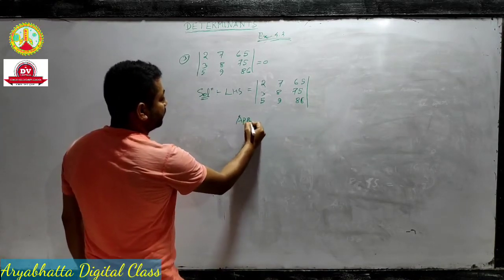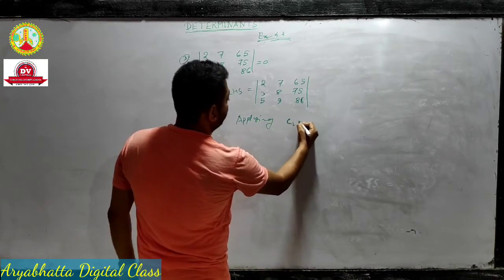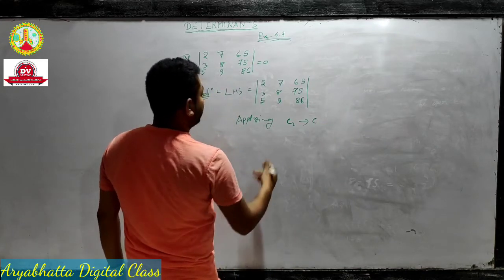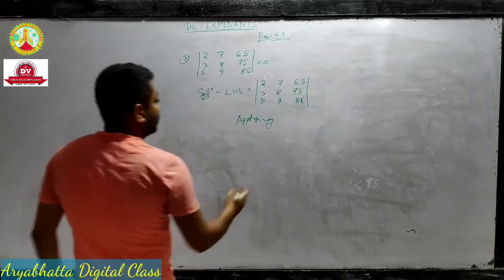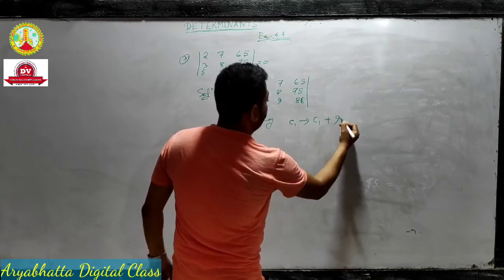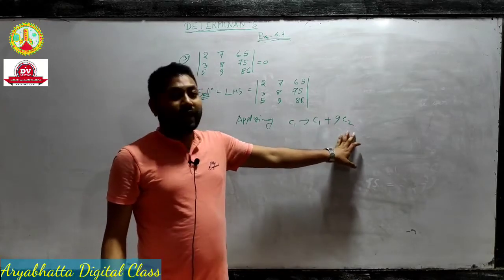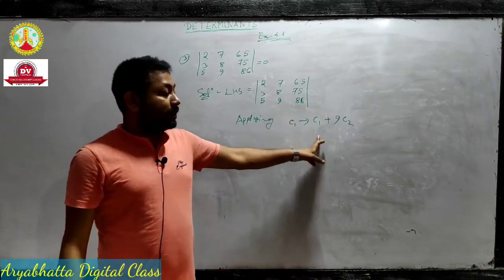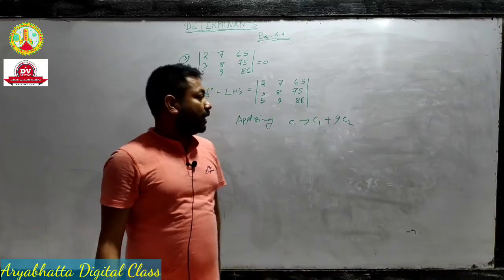Applying C1 tends to C1 plus 9 into C2. If you apply C1 tends to C1 plus 9 into C2, that means the first column tends to first column plus 9 into second column.